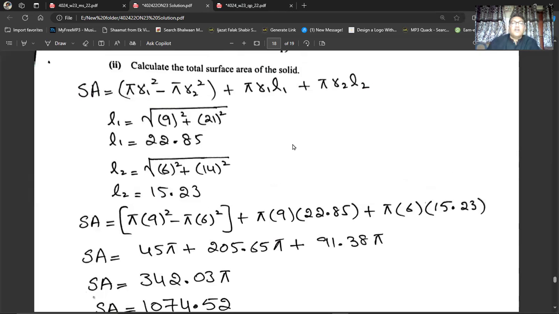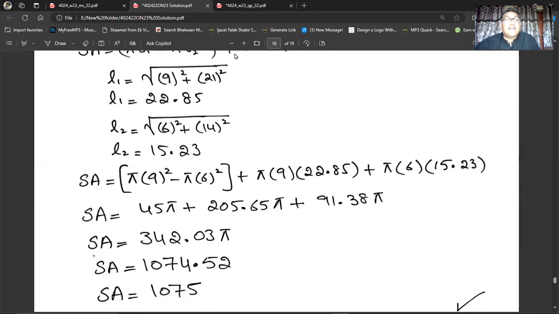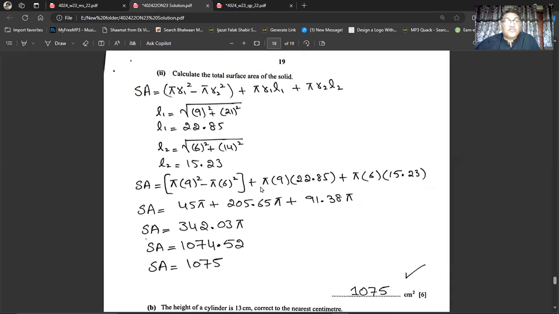And when you substitute those values, R1 is 9, R2 is 6, L1 is 22.85, and L2 is 15.2. Just substitute those values, and the final answer you will get, and I can show you, will be 1074.52.